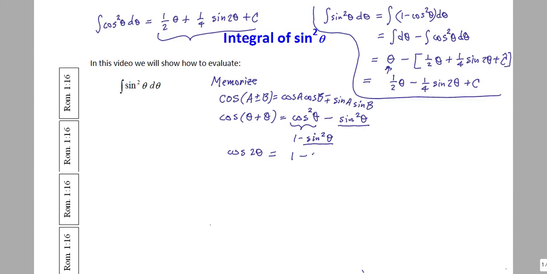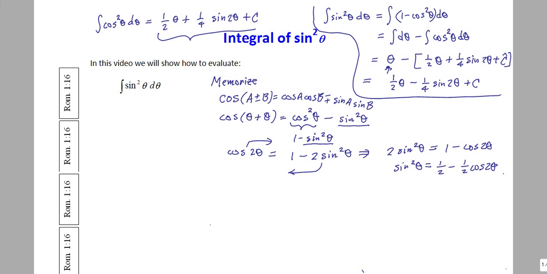So I'm going to get minus 2 of those sine squares. If I back solve for the sine squared, we'll go step by step. Let me take this to the other side, and I'll bring this to that side. So I get 2 sine squared theta is equal to 1 minus cos of the double angle. Now let's divide both sides by 2. I get sine squared theta is equal to a half minus a half cos of the double angle.